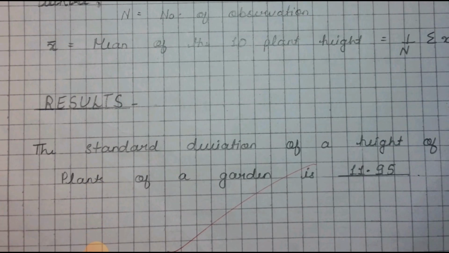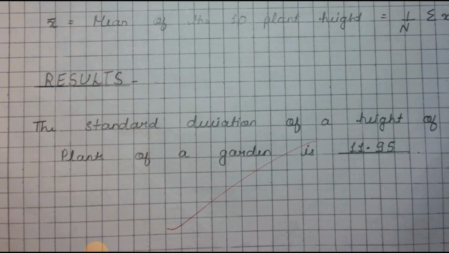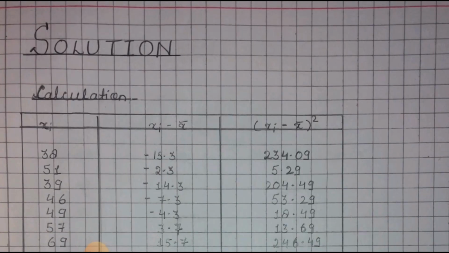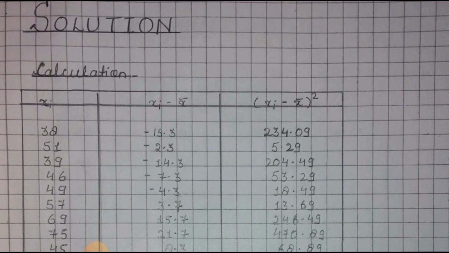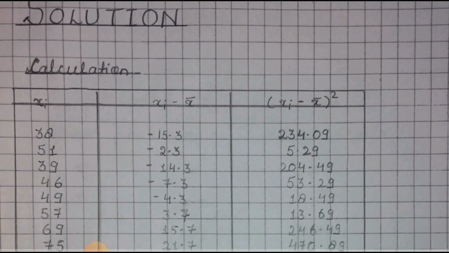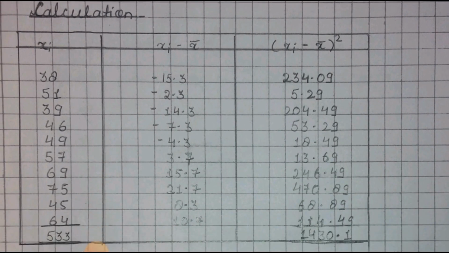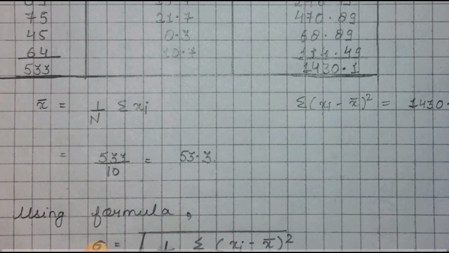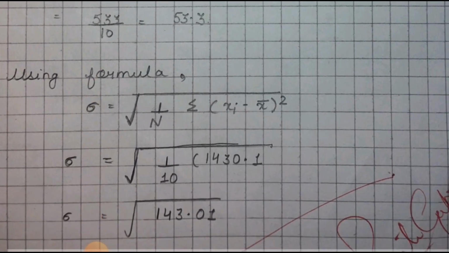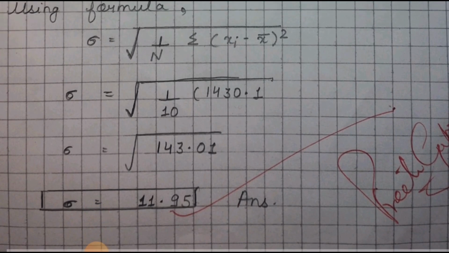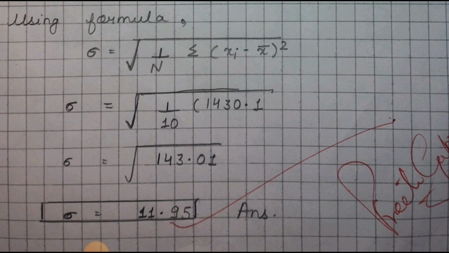Results: the standard deviation of height of plants of a garden is 11.95. Solution: using formula, the answer is 11.95.